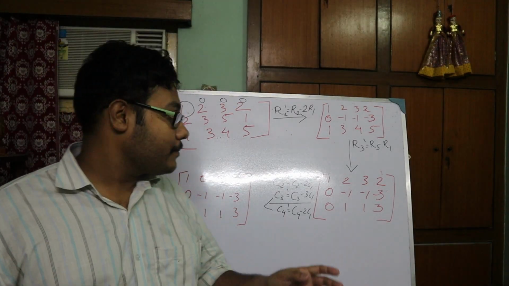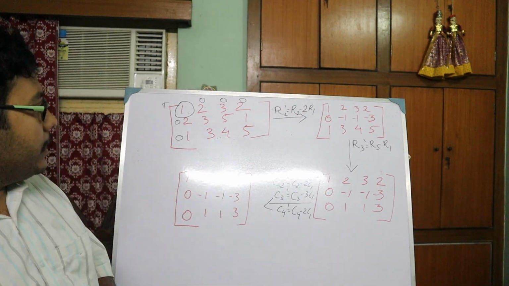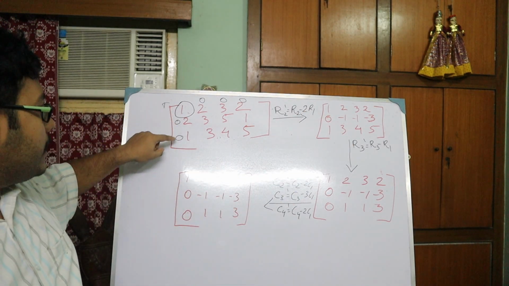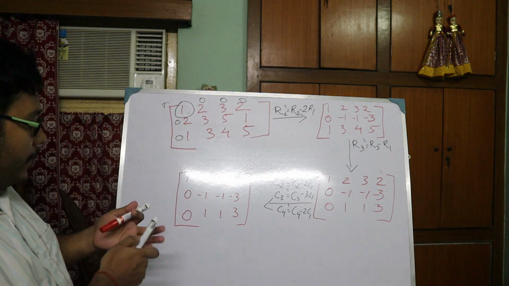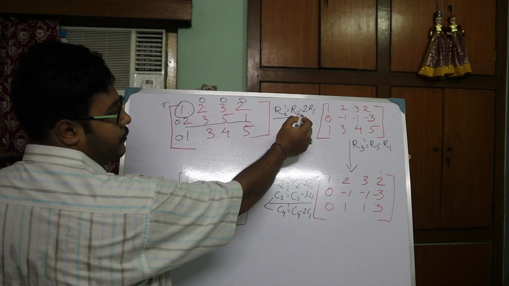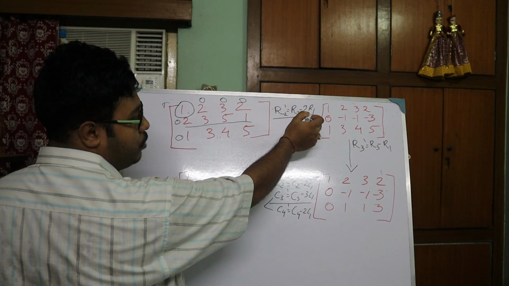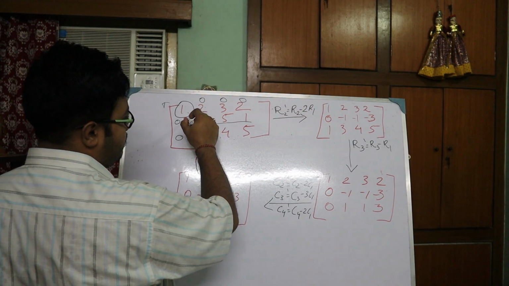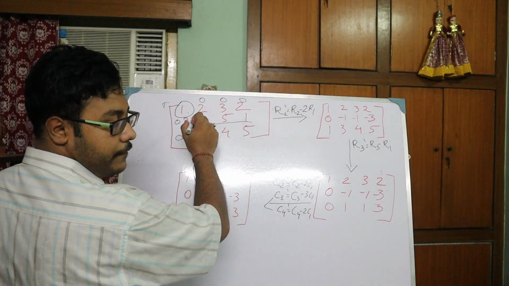Now friends, I have done a few workings here. As I have told you, we need to turn these elements into 0. So for the first time, I have converted this second row. The new row, R2 dash is equal to R2 minus 2 into R1, that is this part minus 2 into the first part.